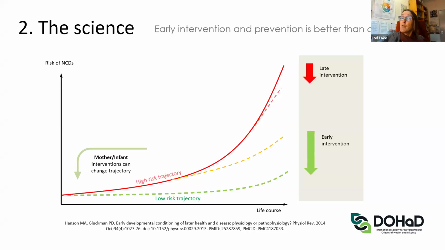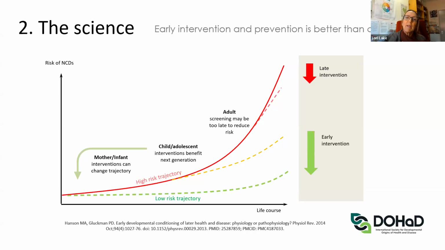For example, getting nutrition right in utero and in those first years of life, preventing stunting, will also reduce the burden of overweight and obesity later in life and a whole range of NCDs associated with that. What's also clear is that interventions that take place during childhood and adolescence have been found to be protective of the next generation of children.